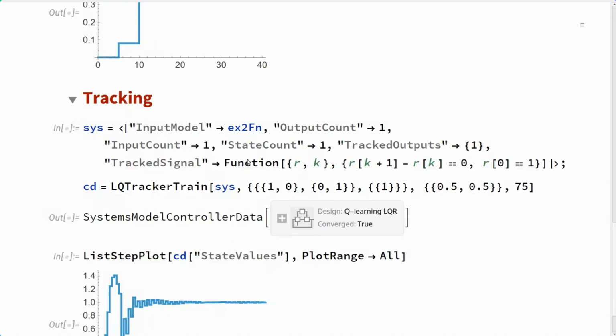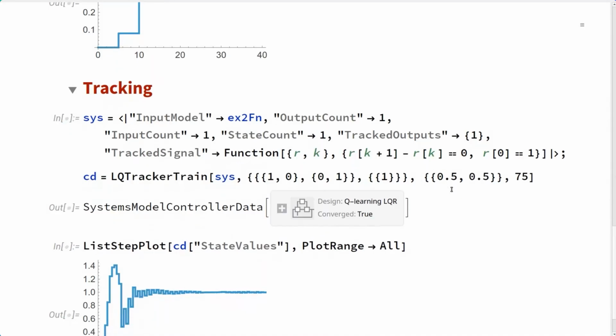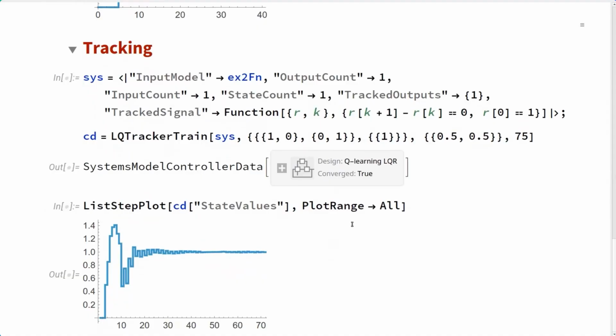But once we augment them, it's the same thing as before, and the function is also the same as the regulator function. We have the environment and we give a bunch of weights. Here I've given an initial estimate for the controller, and then I simulate it for 75 time instances. You can see that it finally converges to the target value that was set.